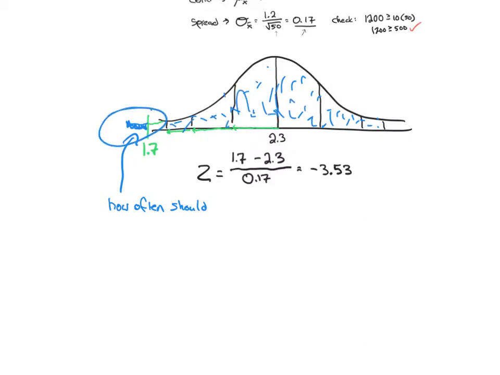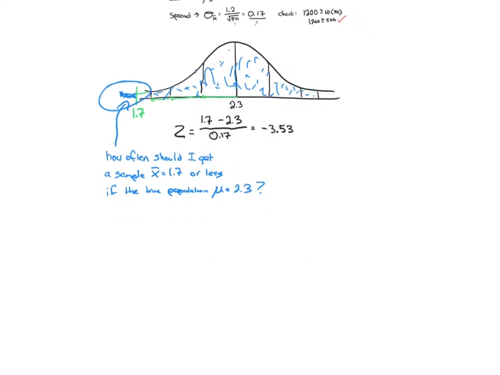And I'm saying, how often should I get a sample mean to be 1.7 or less if the true population mean is 2.3? How often should I get that if that's true?